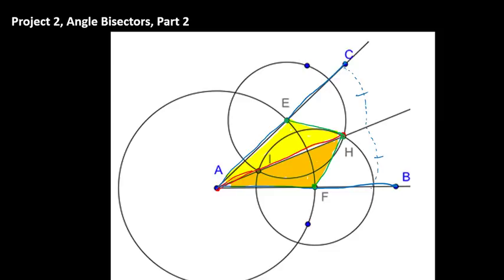If I wanted to prove that AH, my red line, was an angle bisector of BAC, one way of doing it, they're saying, is that I could show that these two triangles are congruent, the two that I've highlighted, my yellow triangle and my orange triangle. Because using the definition of congruent triangles, I can show that corresponding parts are congruent. And the reason that matters is that the angles in question for my angle bisector, remember, we're backtracking and explaining why this is an angle bisector.